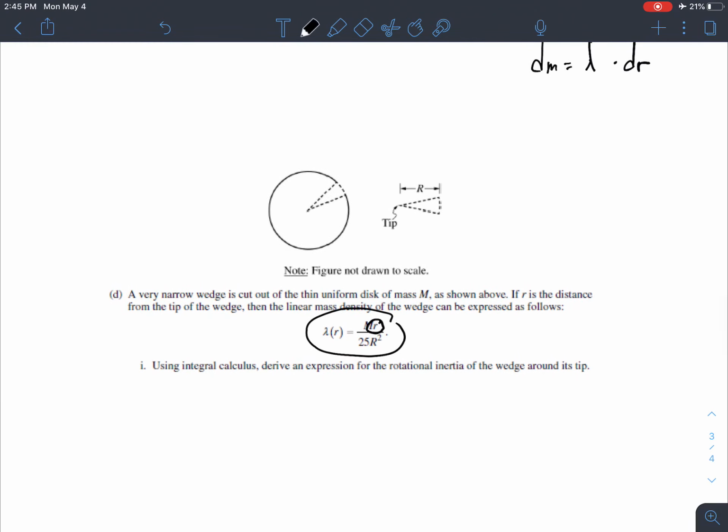Okay, so how do we do this? I know that the integral, let's see, what are my limits of integration? I start at the center and I go to the edge of the object, and that's this R. So 0 to R, of r squared dm.